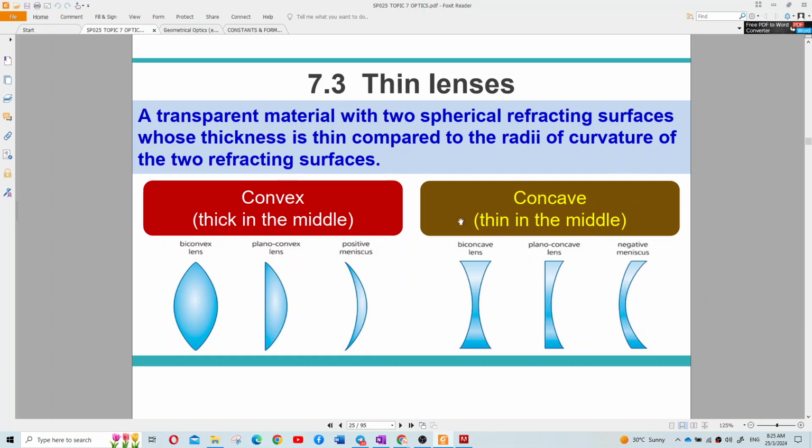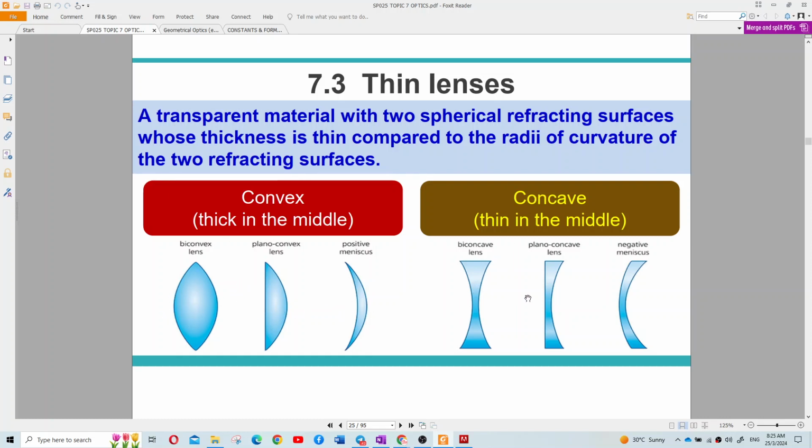So what's the difference between these two? A convex lens is thick in the middle. Compared to the side, the center is thick and the side is very sharp. So this one is thicker at the center, and it is called convex lens.